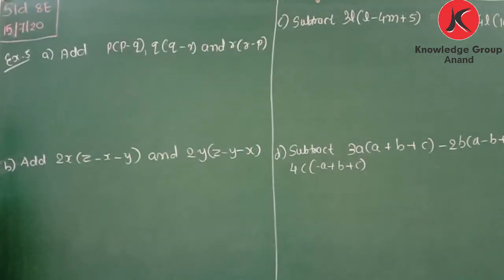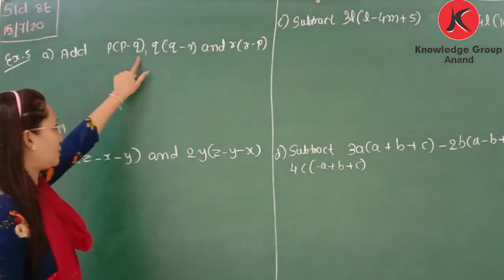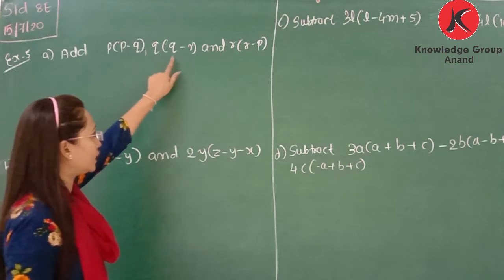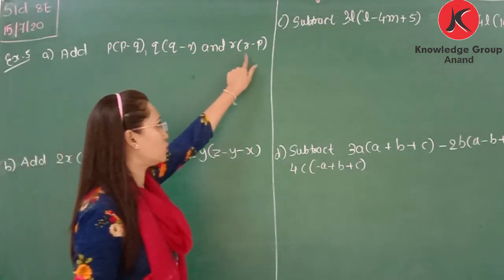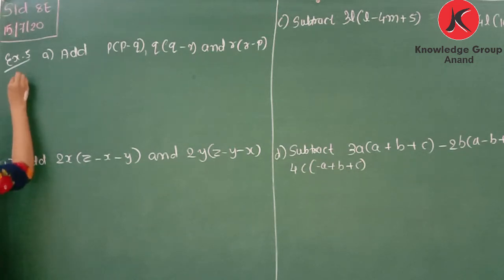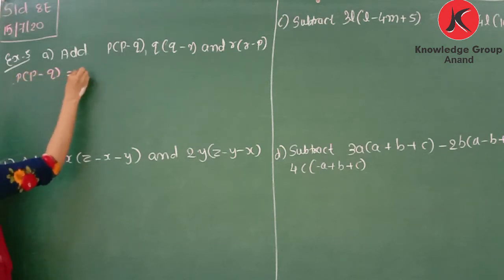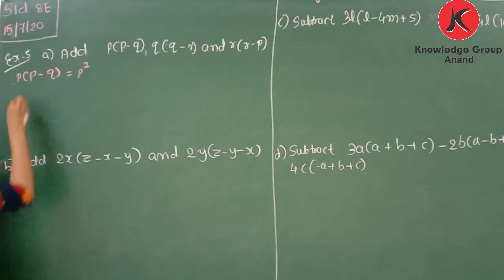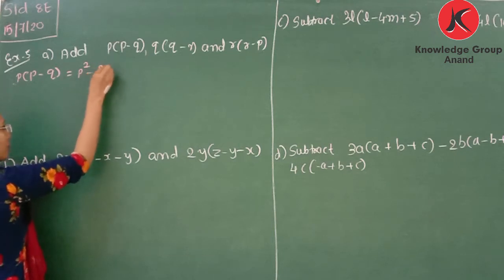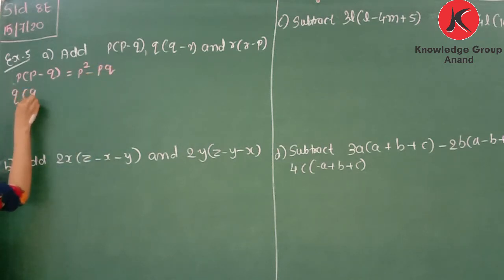Now example 5. Add p into bracket p minus q, q into bracket q minus r, and r into bracket r plus p. So first of all we will simplify each one. So here p into p minus q, p is multiplied with p become p square, p is multiplied with q become pq. Now q into q minus r.